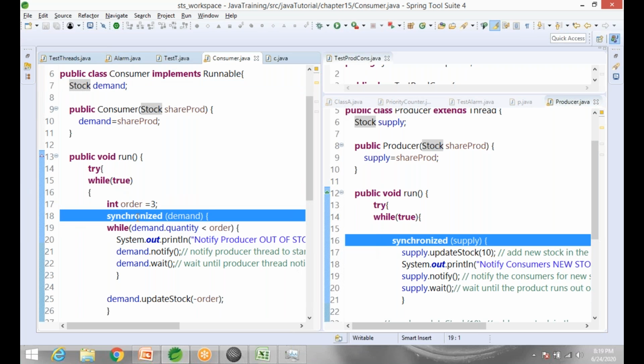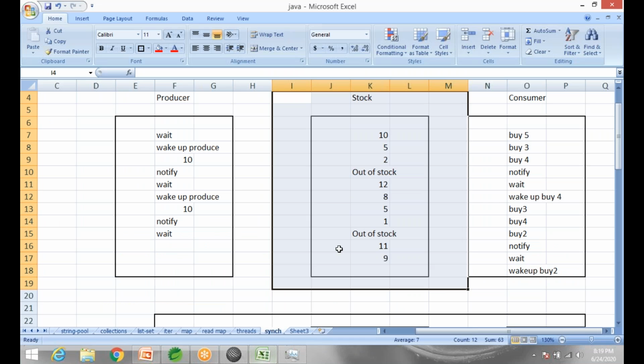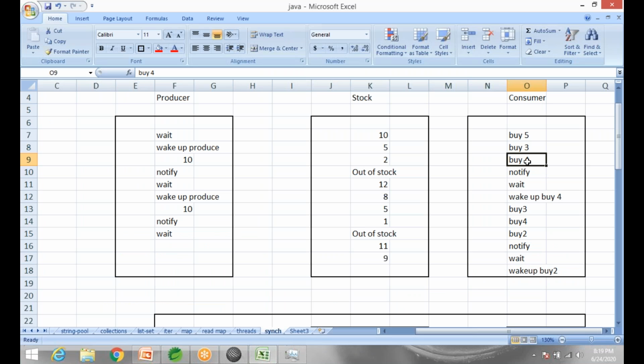So in synchronized, the logic that we have is consumer will check. If the quantity is less than my order, what do I do? Wait. I want to buy 4. If my order is less than the quantity, what do I do next? Notify and wait.